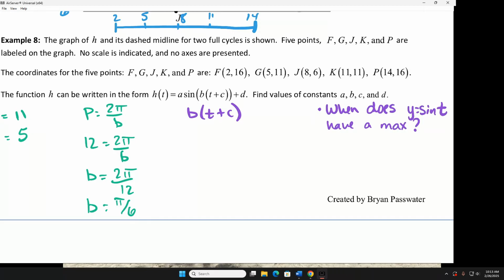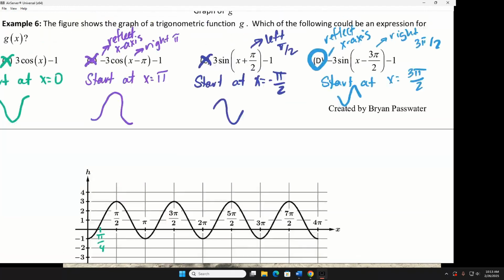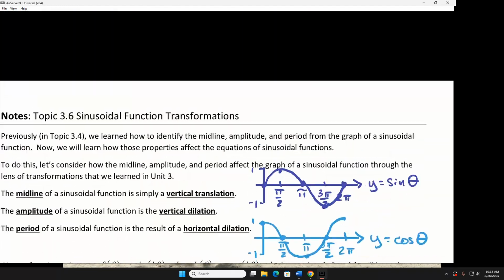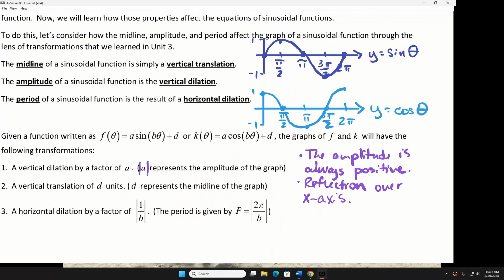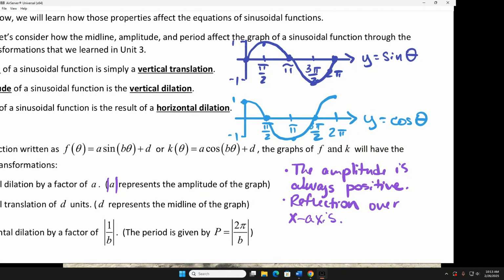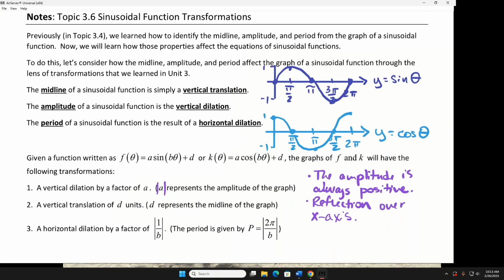After you guys get that written down, I'm going to scroll back, or you guys can flip over on the front if you want to. We did a parent function at the very beginning of class. So what angle gives sine a maximum? Pi over 2. Thank you.